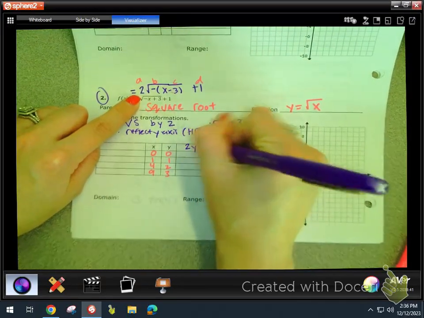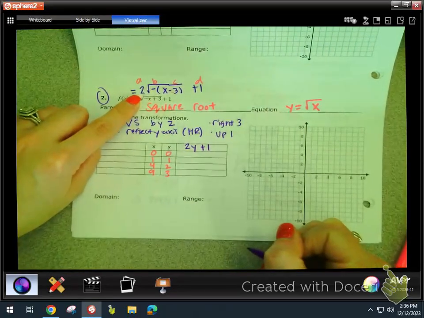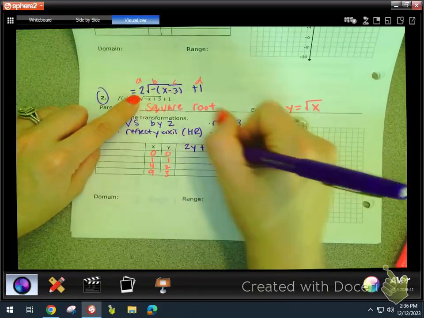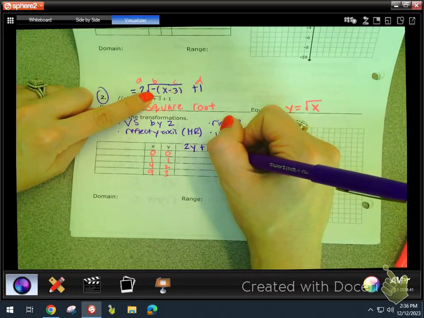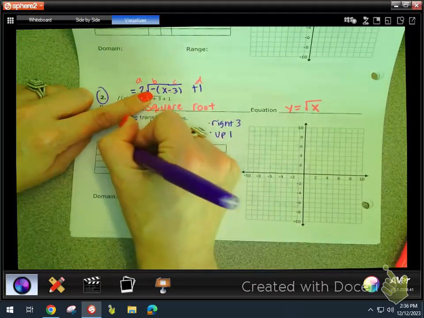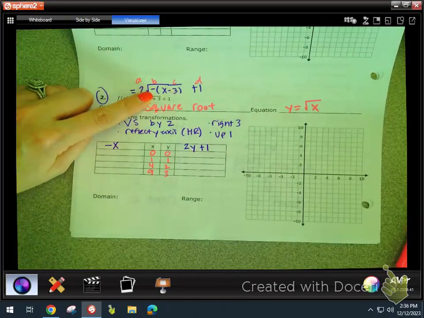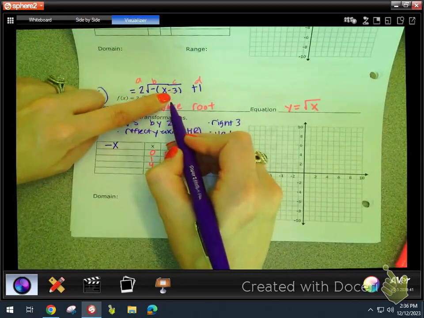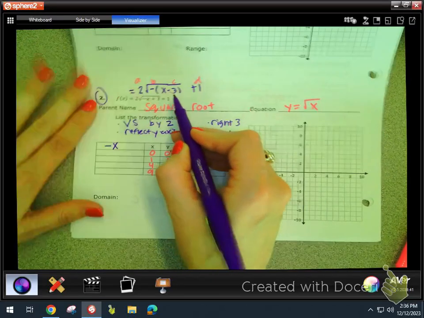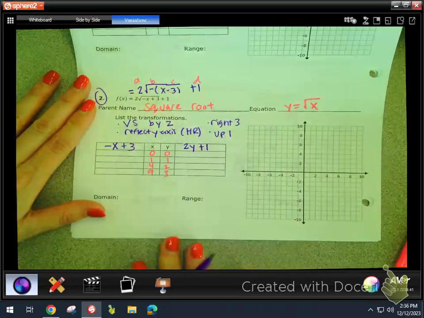So 2y plus 1 is what I'm going to do to my y's over here. My x's, now remember the negative, if there's a negative on the inside, that has to go. That does not apply to the opposite rule, because again, when I say opposite, it's the reciprocal. And the reciprocal of -1 is still -1. So negative x, this has to be the opposite. Plus 3. That's what goes in the table.